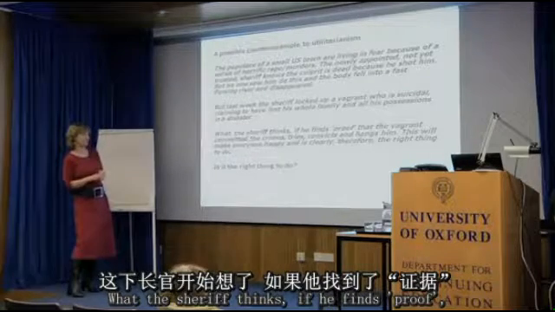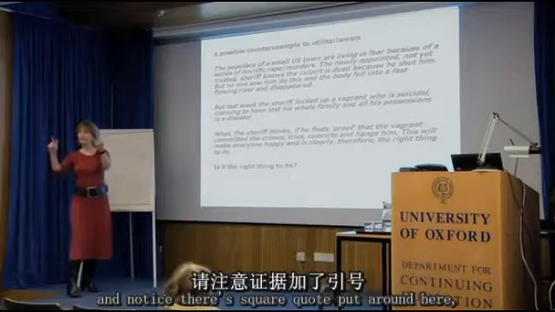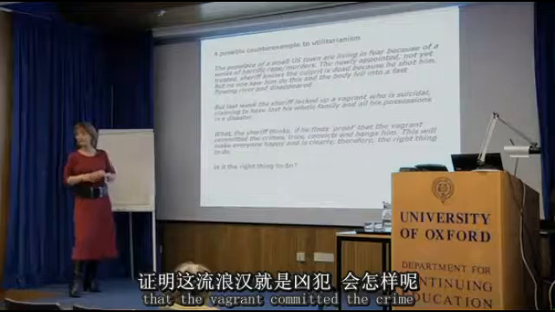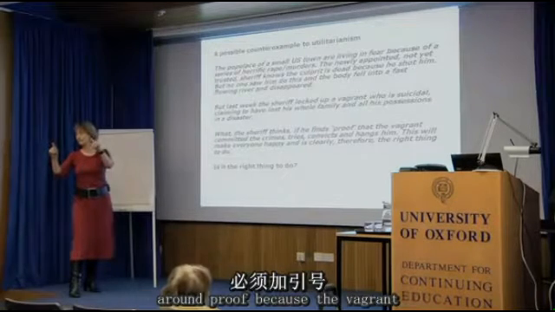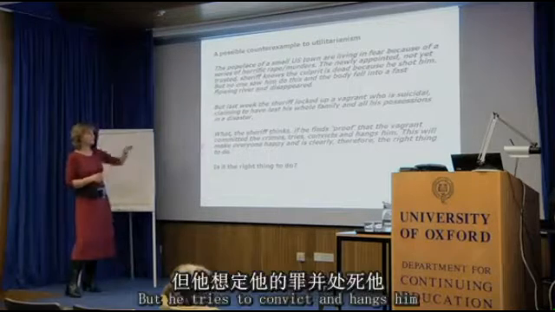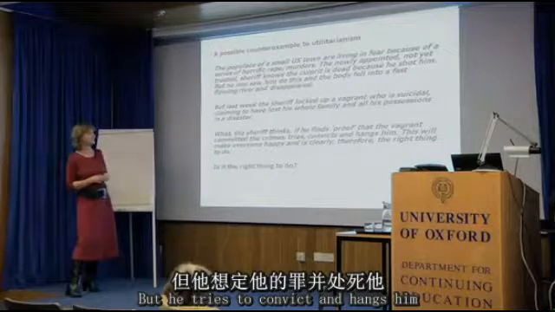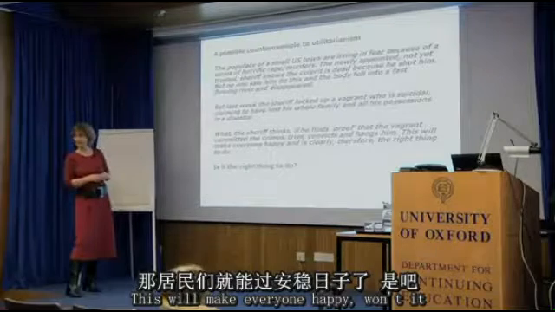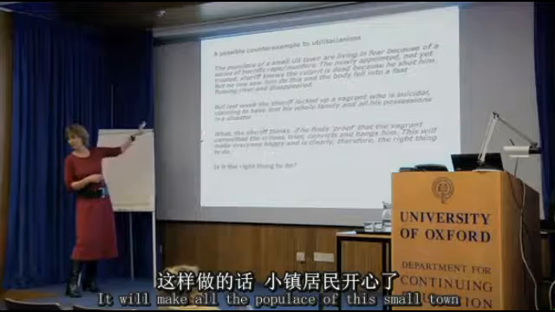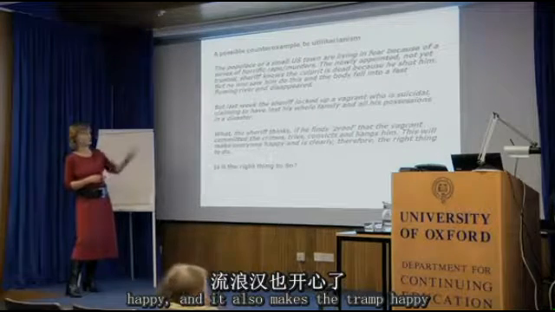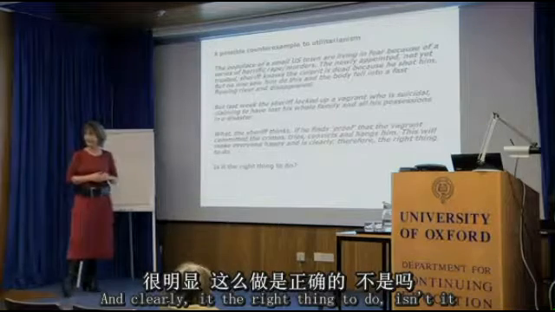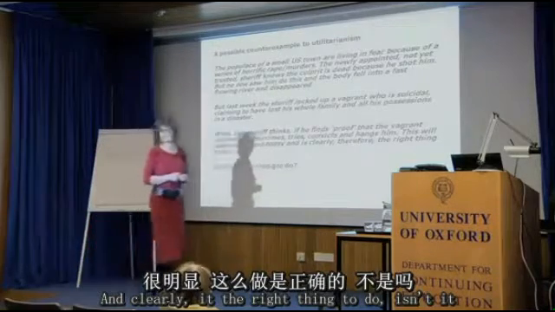What the sheriff thinks, if he finds proof, and notice the scare quotes around it here, that the vagrant committed the crime, obviously there must be scare quotes around the proof because the vagrant didn't commit the crime, but he tries, convicts and hangs him. This will make everyone happy, won't it? It'll get everyone off his back. It'll make all the populace of this small town happy. It'll also make the tramp happy because he wants to die. Clearly, it's the right thing to do, isn't it? Well, is it?